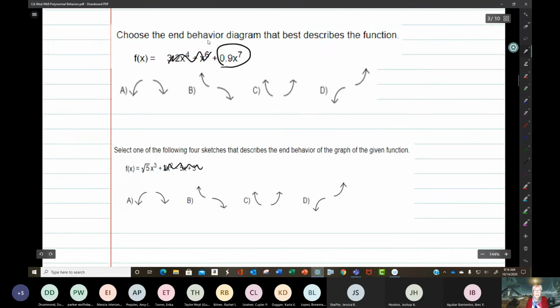Now they tried to trick us here, but let's look at that leading term. This leading term is positive. The LT is positive. And it's of odd degree.